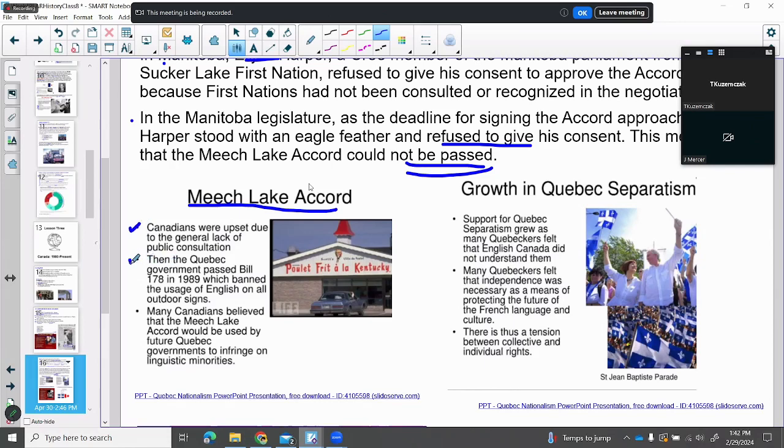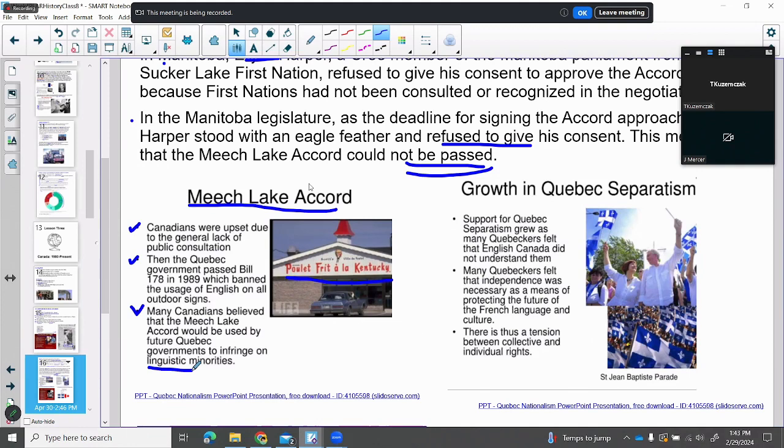Also, the Quebec government passed Bill 178, and that bill banned the usage of English on all outdoor signs. You can see here's a popular franchise, and the sign is in French because of that bill. Many Canadians believed that the Meech Lake Accord would be used by future Quebec governments to infringe on linguistic minorities.